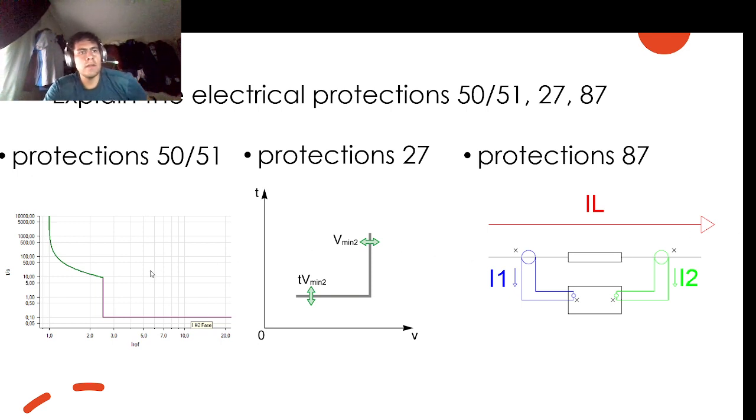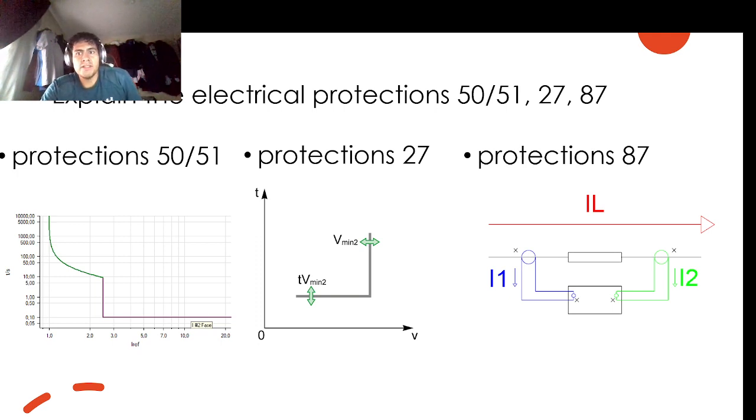And the other part is the 50 protection. This protection activates immediately. The protection 27 is a protection with integrated monitoring, which can take action if necessary, such as activating an alarm or triggering some other automation action, like deactivating something with a switch.